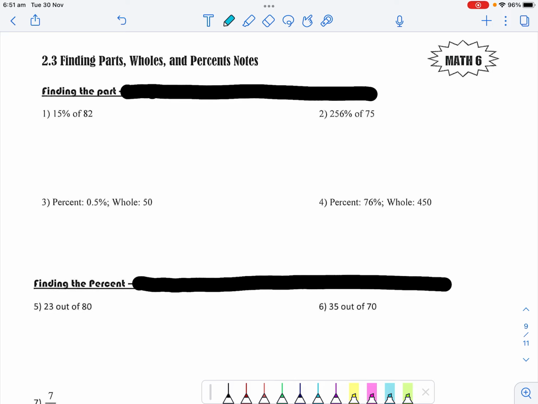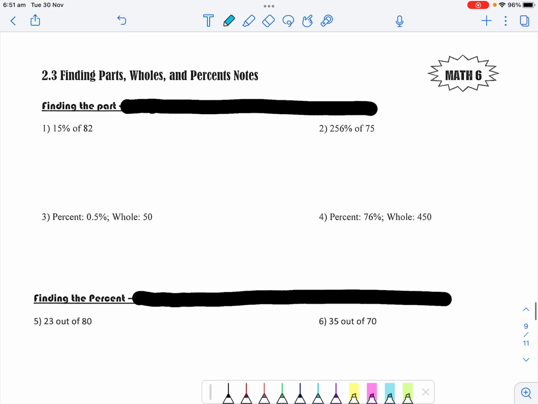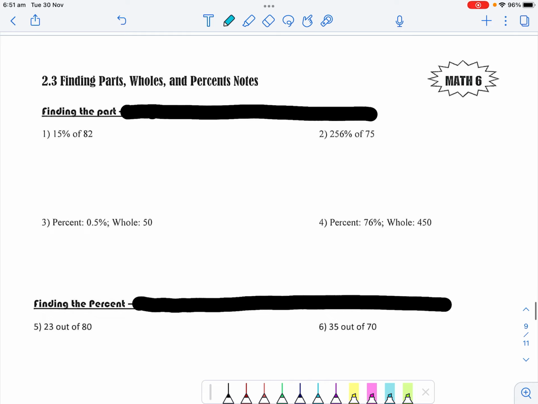I did black out some of the directions because we are going to be doing them in a little bit different way this year. We are going to be using the percent proportion for everything. So the percent proportion, I'm going to put it up here at the top.